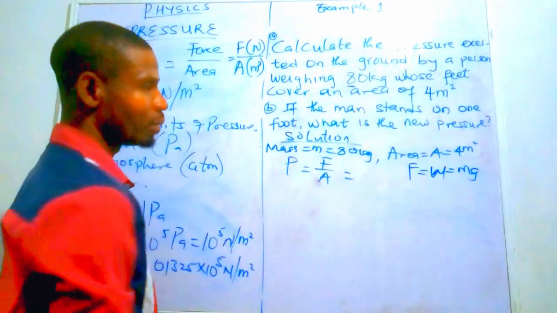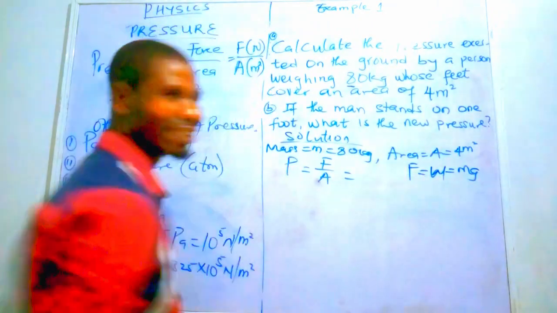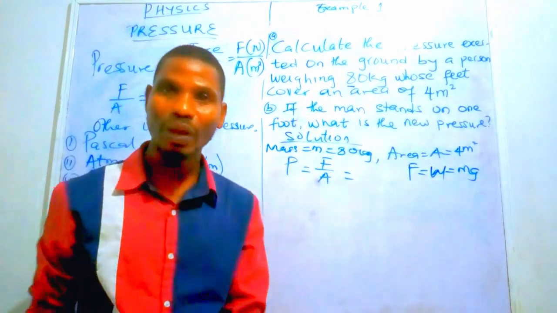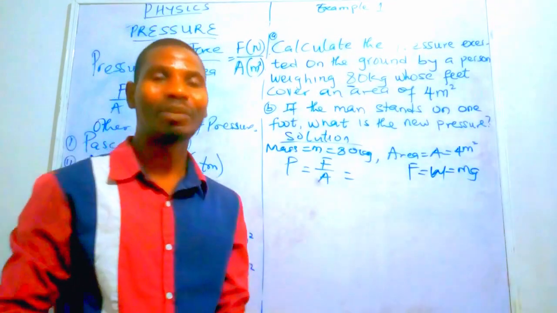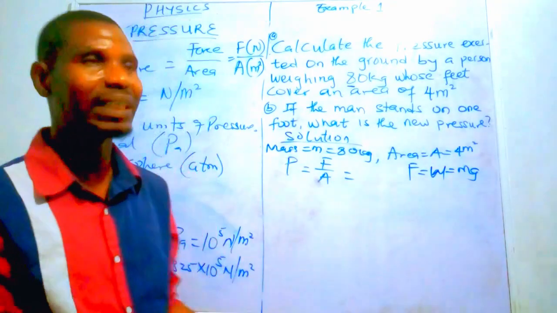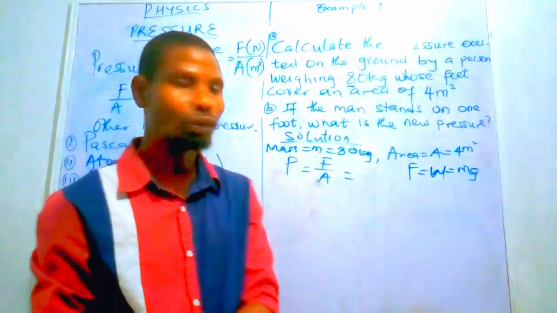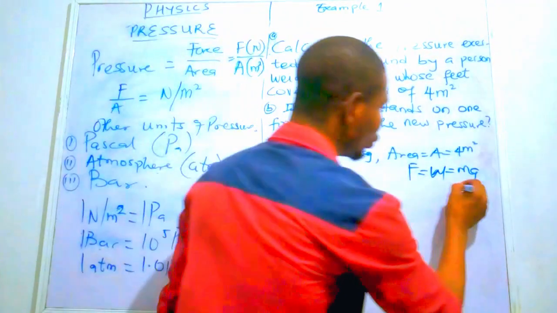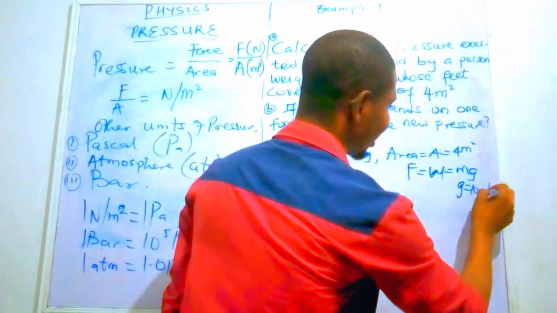We are taking our g here as acceleration due to gravity, which is equal to 10 meter per second square or 9.8 meter per second square, as the case may be. You would be given specifically which of the values you should use. So I want to take my g to be 10 meter per second square.